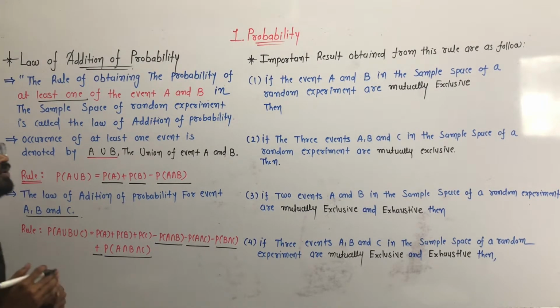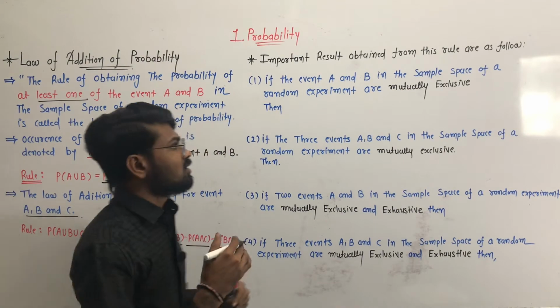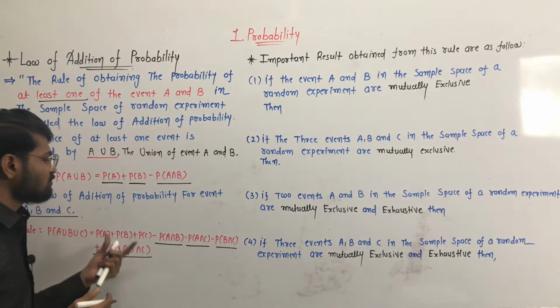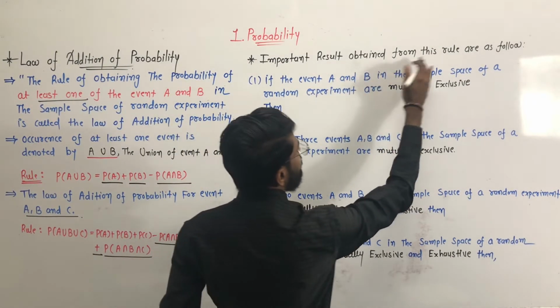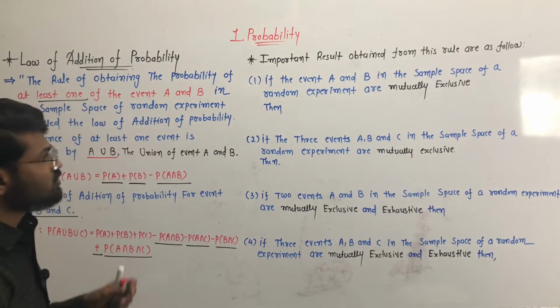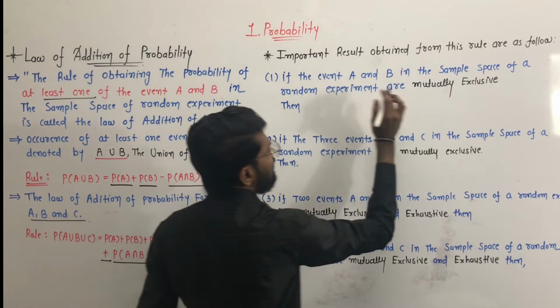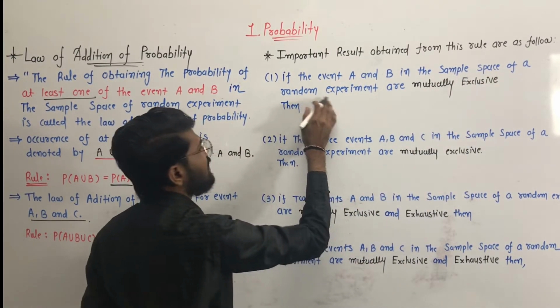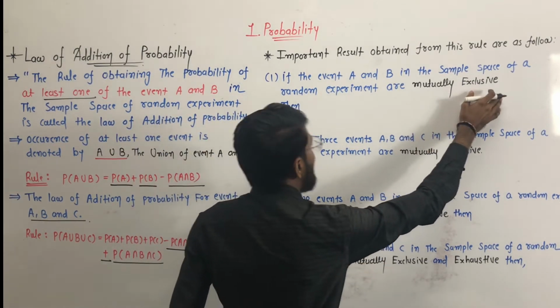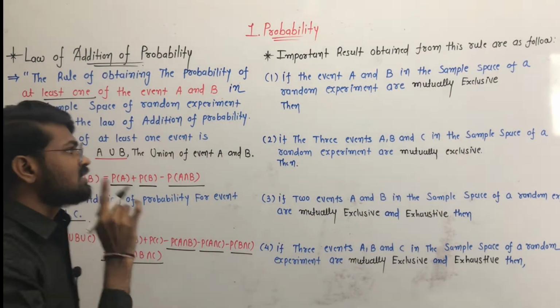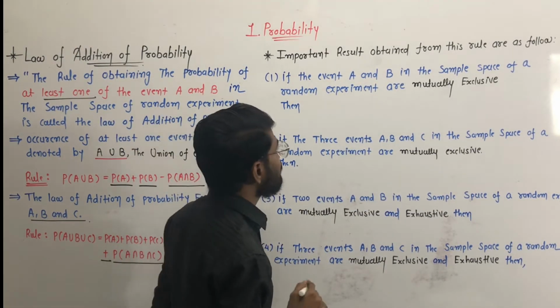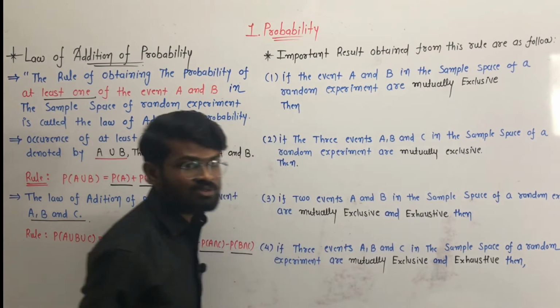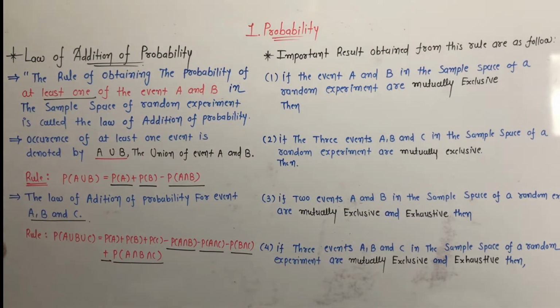Now we are going to get some important results from the law of addition of probability. Important results obtained from this rule are as follows. The first result is: if the events A and B in the sample space of a random experiment are mutually exclusive, then what is the rule for the addition of probability?